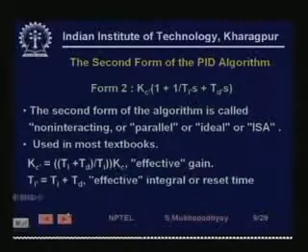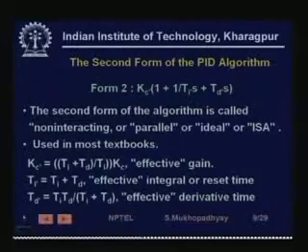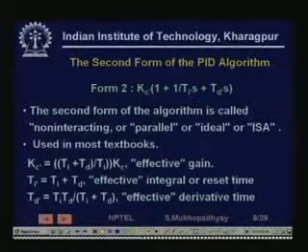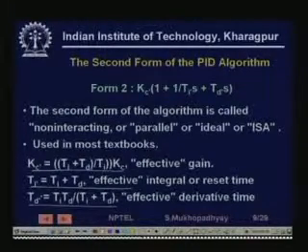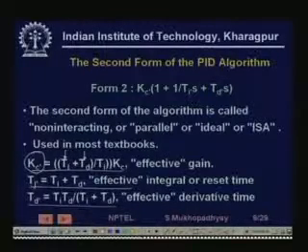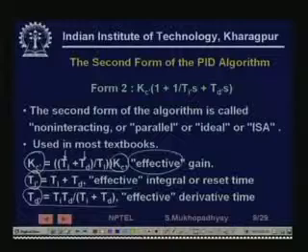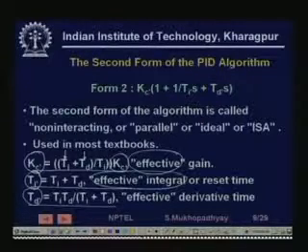So, it turns out that you get such formulae that Kc dash turns out to be equal to this, Ti dash turns out to be equal to this, and Td dash turns out to be equal to this. So, you see that if you set Ti, Td and Kc in the first form, then the actual gain, which sometimes is called the effective gain, and the effective integral time, will not be obtained according to your understanding.